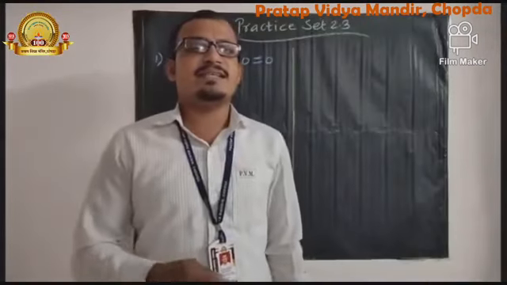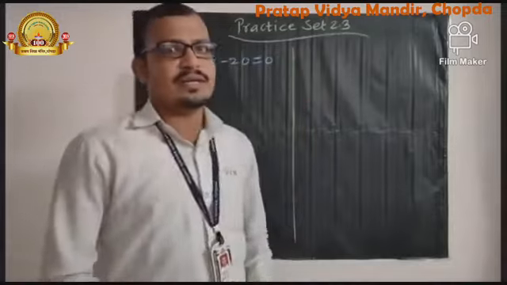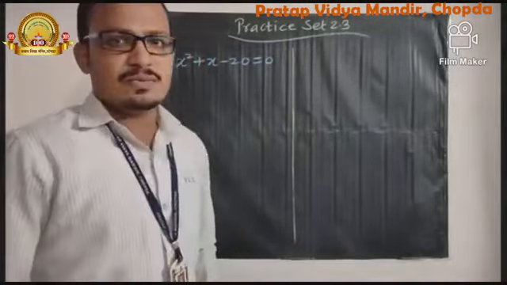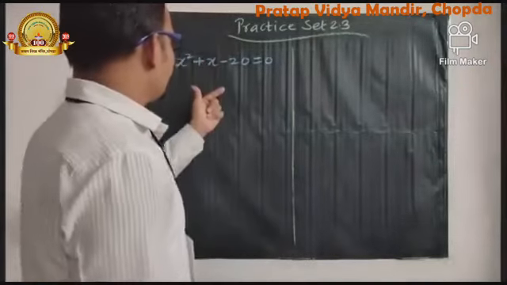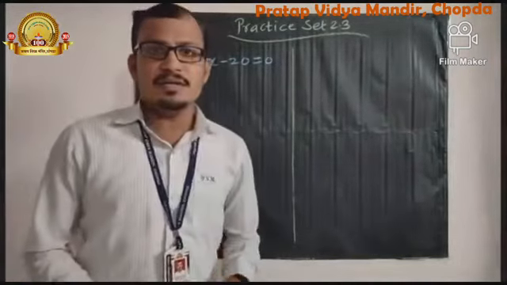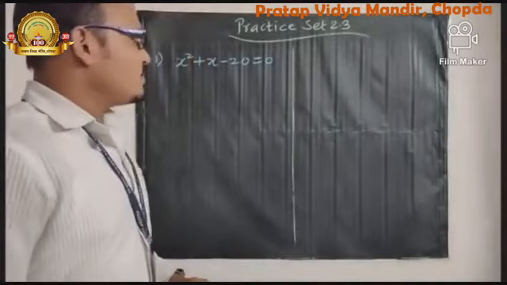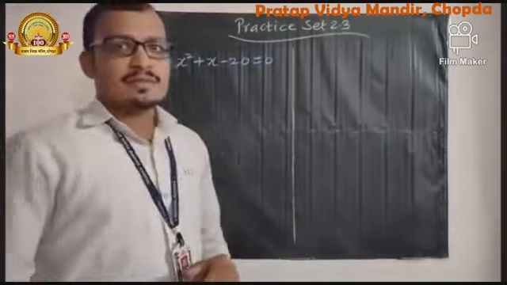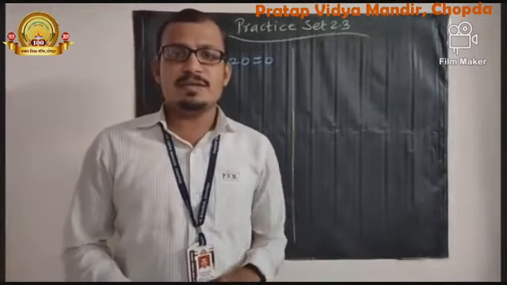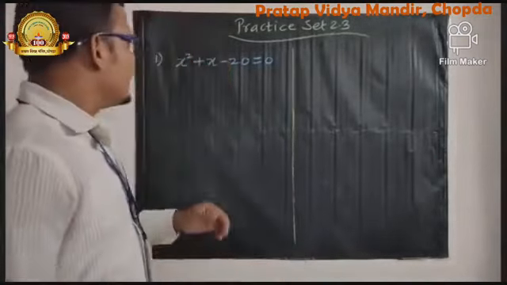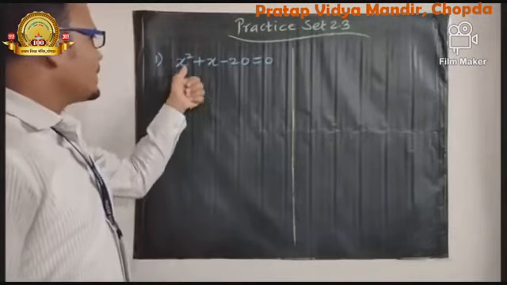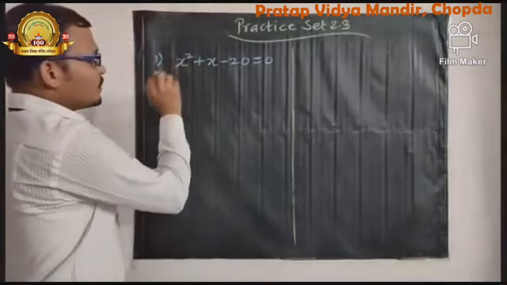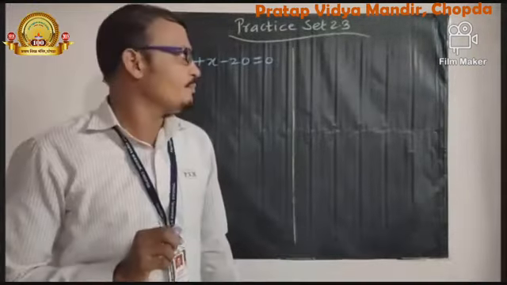Then we take our next example from our practice set 2.3, and our example is x square plus x minus 20 is equal to 0, and we have to solve this equation by using the completing square method. As I already told you, to solve any quadratic equation by the completing square method, first make the coefficient of x square as 1, and here clearly the coefficient of x square is 1.